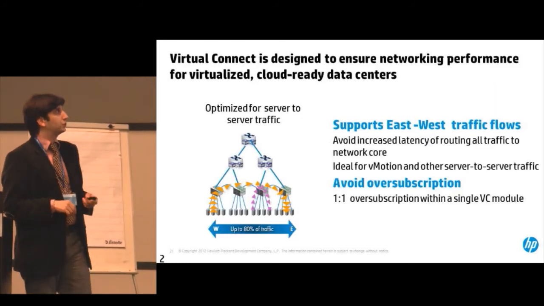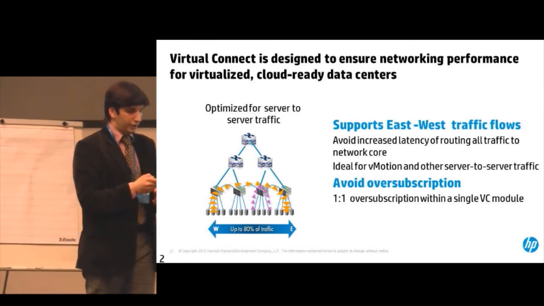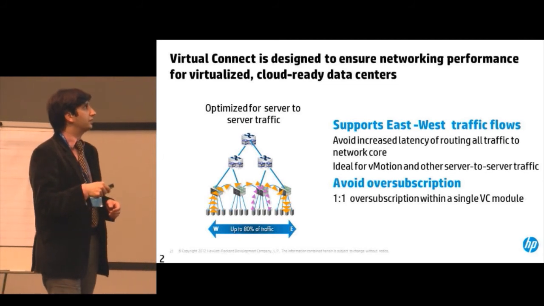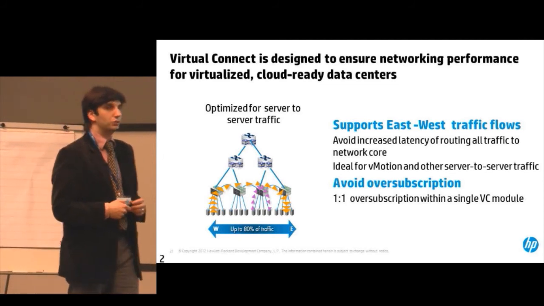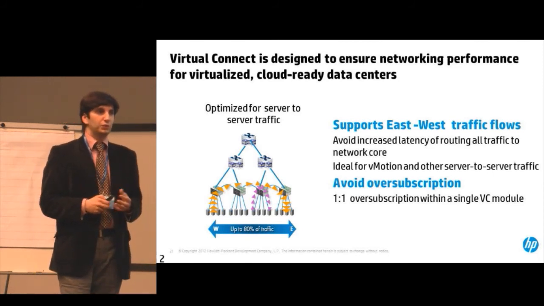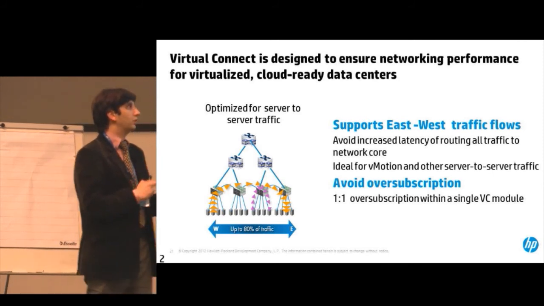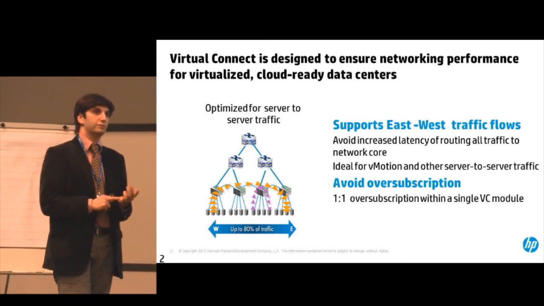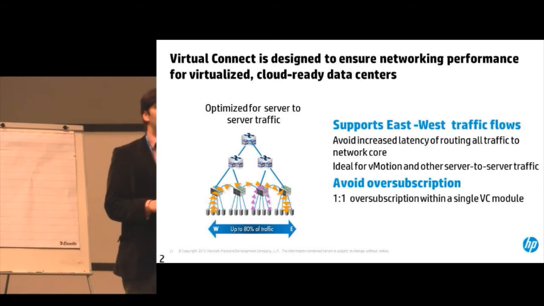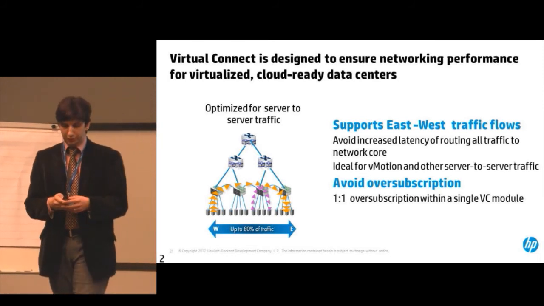This brings us to the point we have been mentioning: we are capable of containing the server traffic inside the Virtual Connect domain without utilizing uplinks, which means that we have no oversubscription, we have the lowest possible latency, and your vMotion, your server migrations, are probably going to work much faster than in a traditional environment.